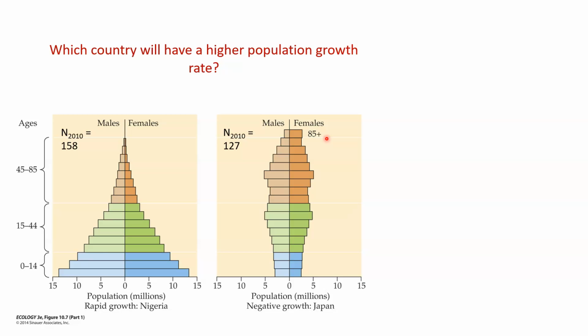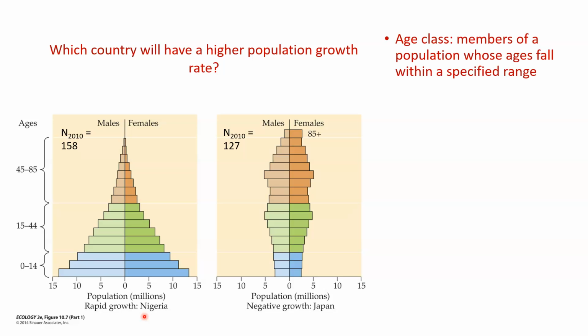It's kind of interesting, because Nigerian medical and health services are pretty good, with high standards. Probably that's why. But if you look at the actual population pyramids, the distribution of individuals within each and every age class is not the same.